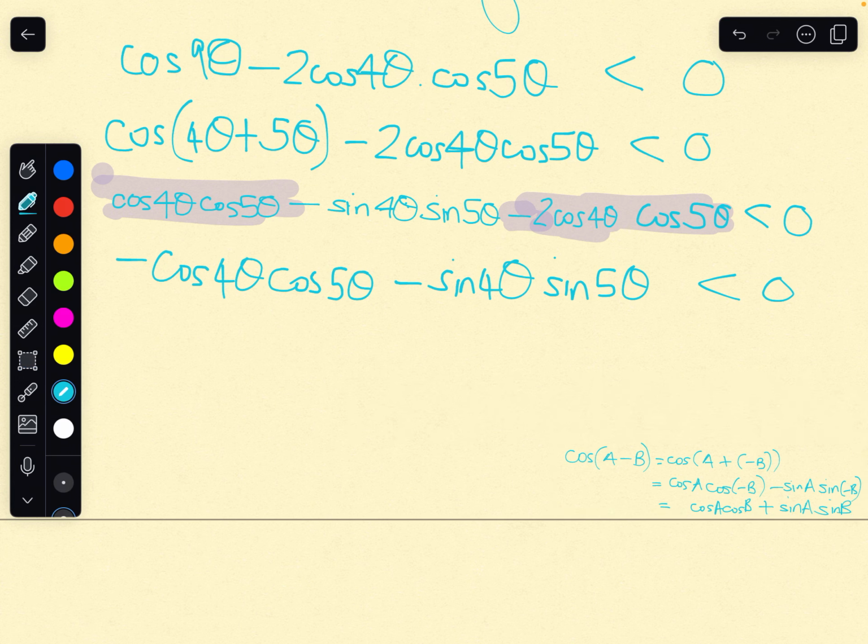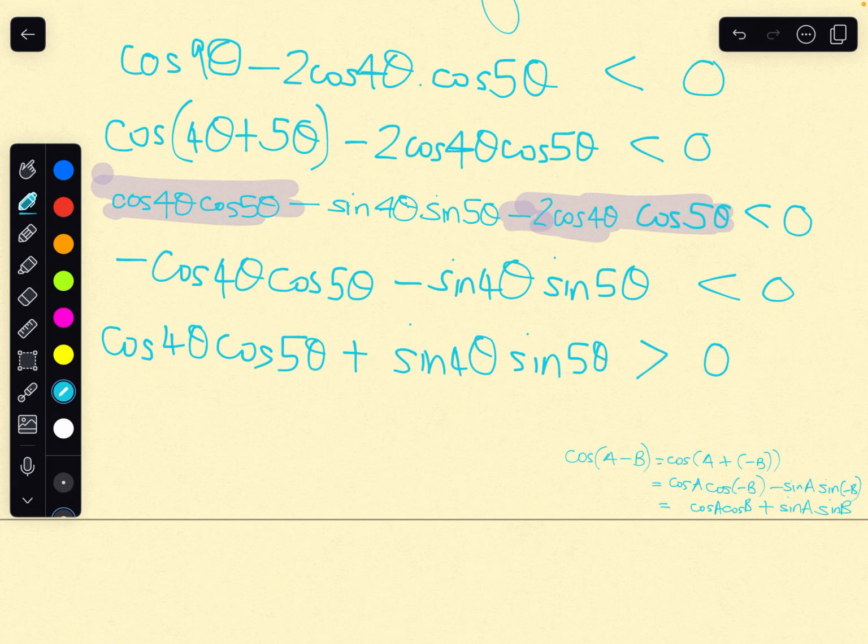If I times through by minus 1, 2 minutes left, the pressure of it all, then I'm gonna get this on the one side, and my inequality sign is going to switch around because you've timesed through with a negative 1. So that's what's happened there.